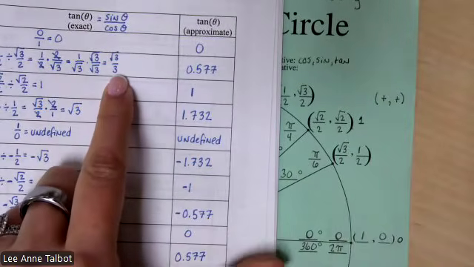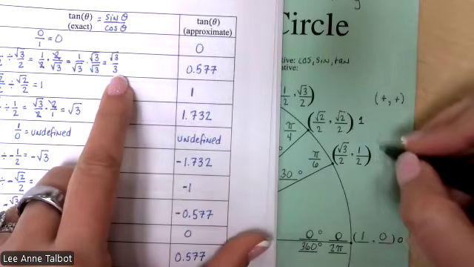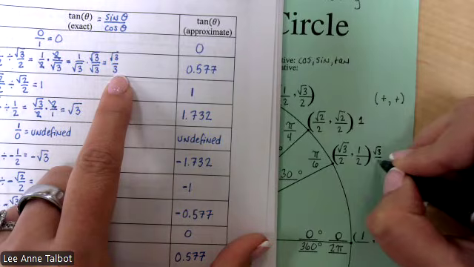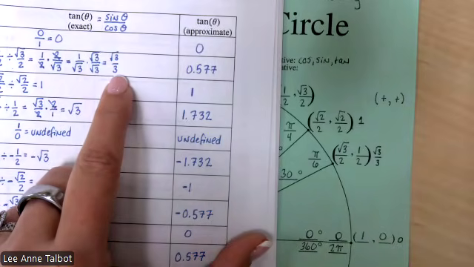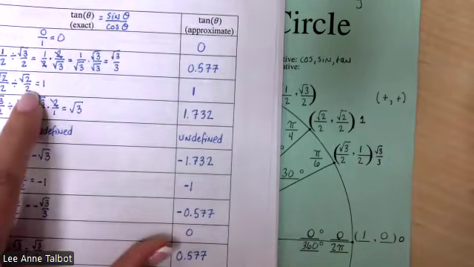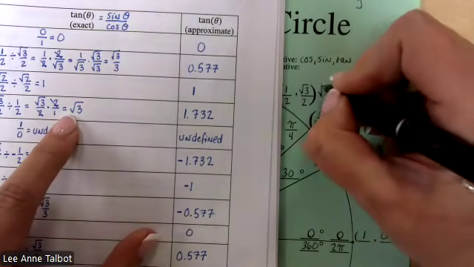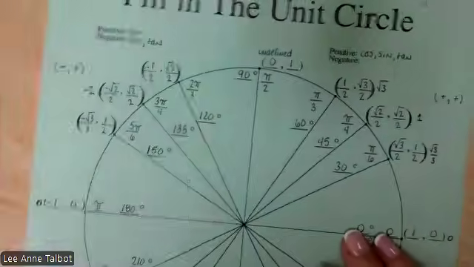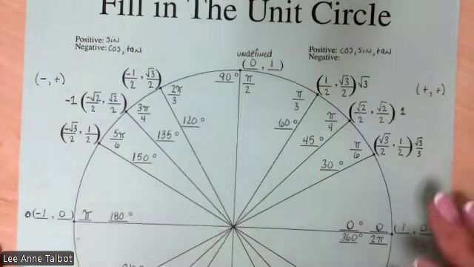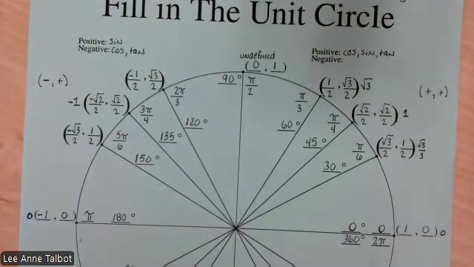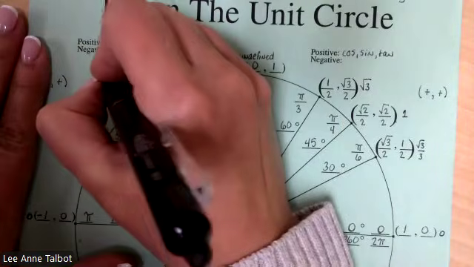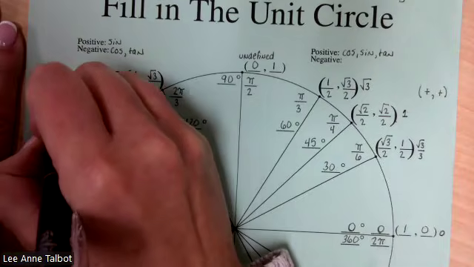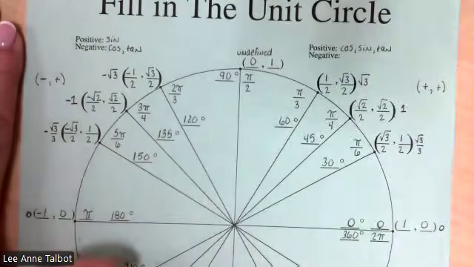We're going to label the exact values of tan. I'm just going to put them outside of the coordinate. You can do whatever you want. This is root 3 over 3. I got the 1. Root 3. Okay, my first quadrant's all set. Negative root 3. Negative root 3 over 3.